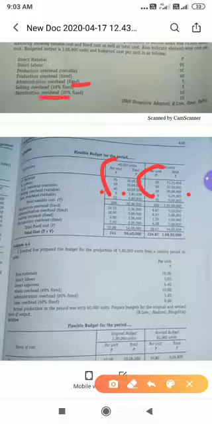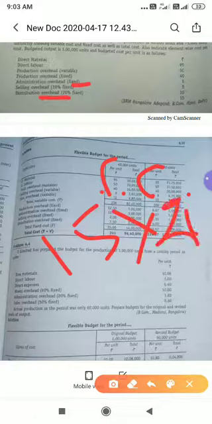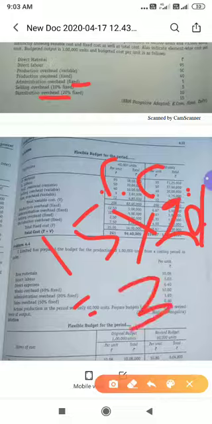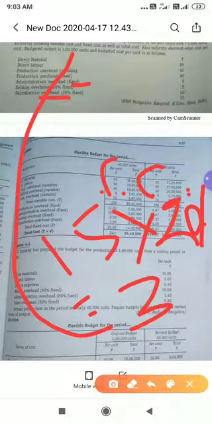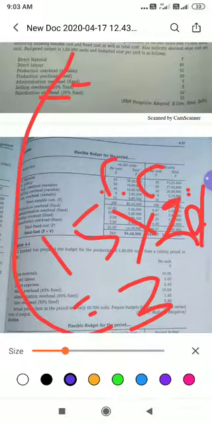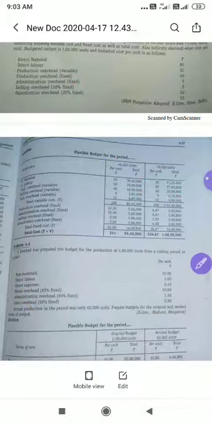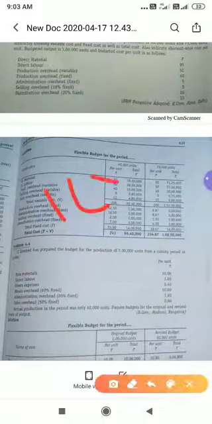Next we are left with distribution overheads. Total distribution overhead is 15 rupees. Out of that, 20% is fixed. So you just multiply, you will get 3 rupees. 3 rupees is fixed for how many units? For 1 lakh units. So you have to multiply 1 lakh into 3 rupees.